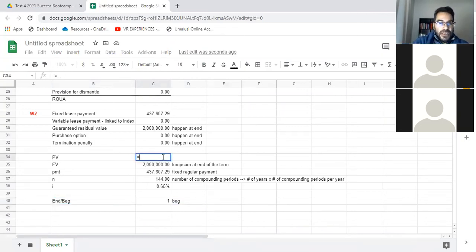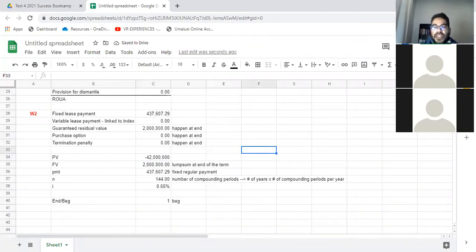So I'm calculating the present value: I, N, PMT, future value, and now they ask for beginning or end, so I will put in 1. So Excel knows that. So there we go. 42 million.